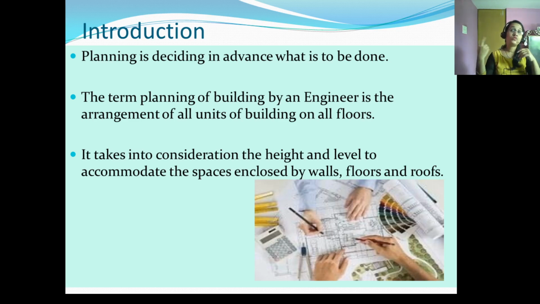Then various rules and regulations and bylaws. Very important are the bylaws. These are the rules prepared by various authorities. We need to strictly follow these bylaws in construction. All this information is collected, carefully checked, and then drawings are prepared based on the above considerations.